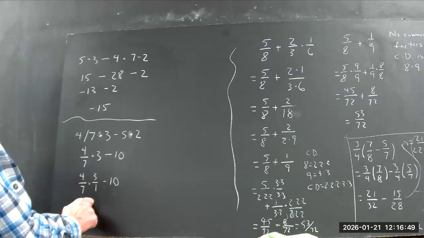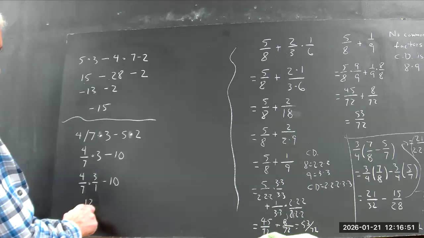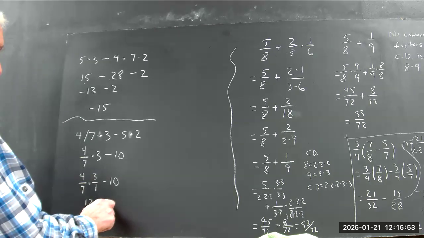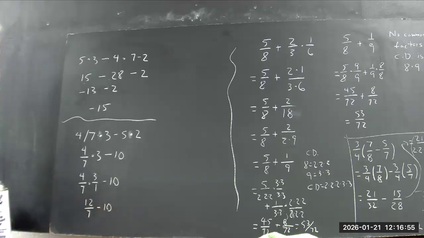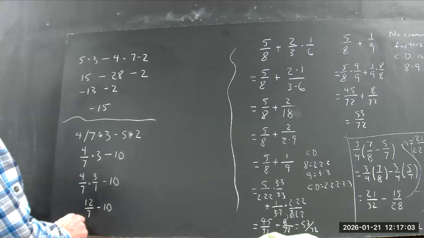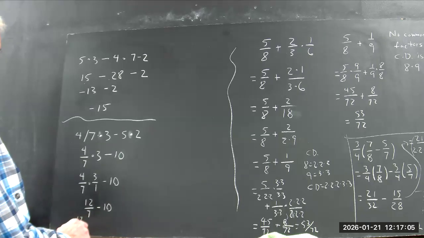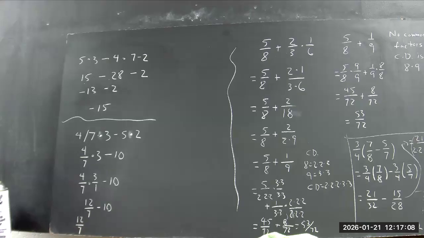So 4 times 3 is 12 over 7 minus 10. And now I'm going to write it out without being real detailed about it. That's 12 over 7.